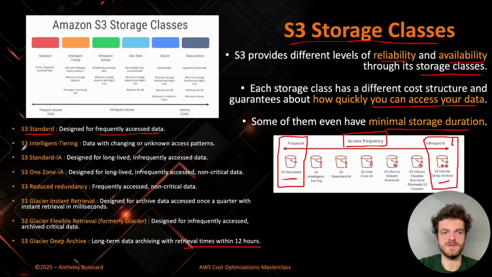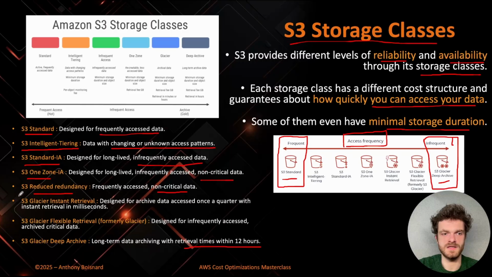You can also use S3 Intelligent-Tiering for data with changing or unknown access patterns. Then you can use S3 Standard-IA for long-lived, infrequently accessed data. You can also use One Zone here for non-critical data, and S3 Reduced Redundancy for frequently accessed but non-critical data.